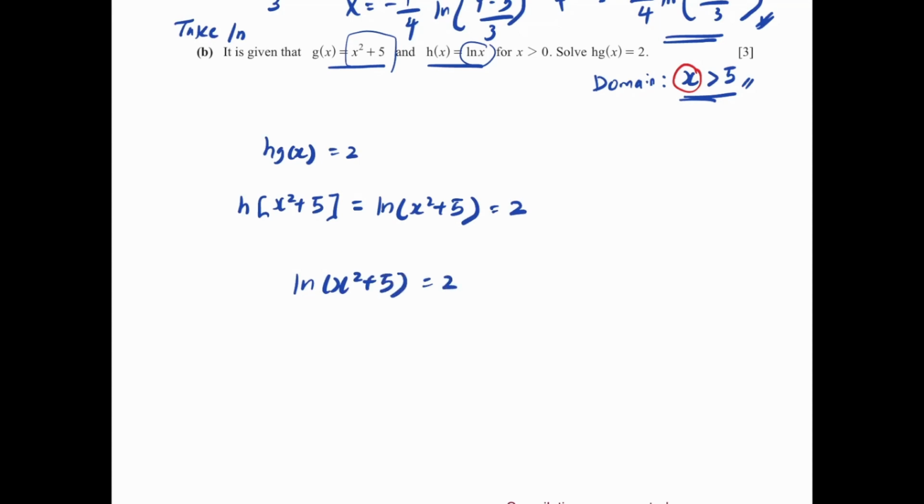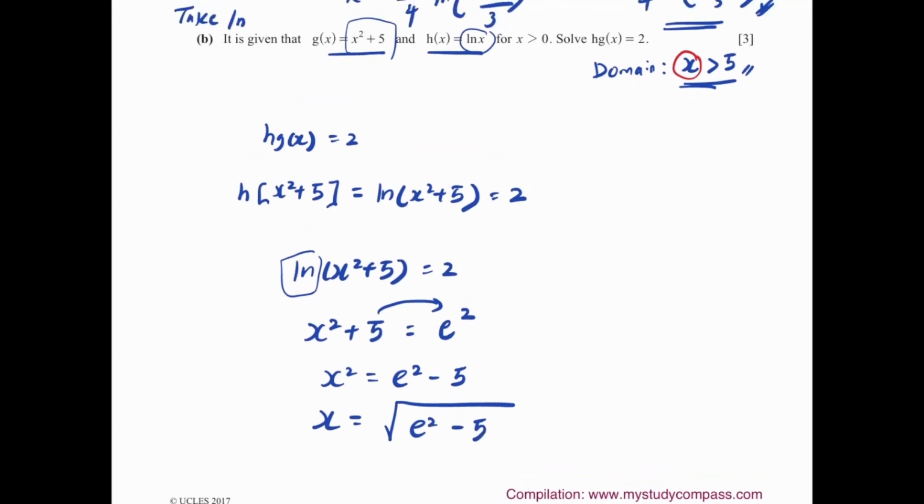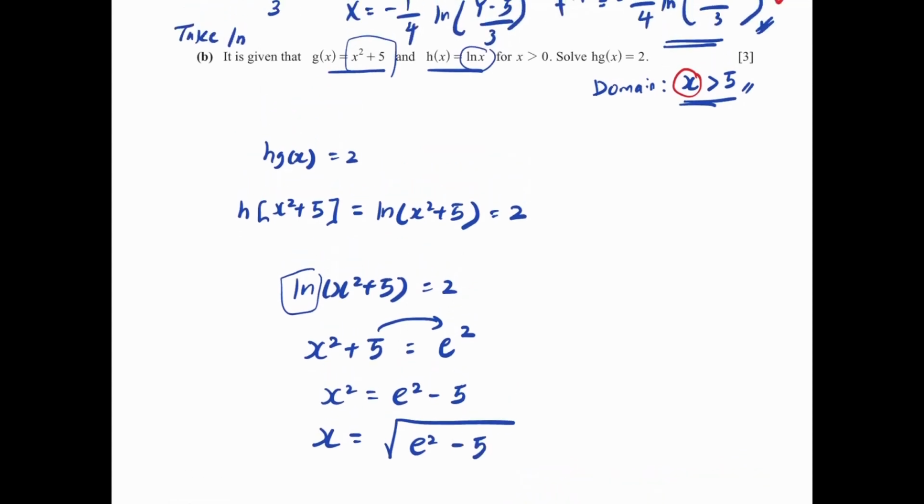How do you solve this equation? Remember, when you move ln or natural log to the other side, it becomes x squared plus 5 equals e squared. Move the plus 5 to the other side: e squared minus 5. Take the square root of e squared minus 5. Just punch your calculator.